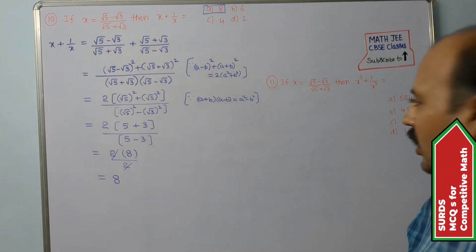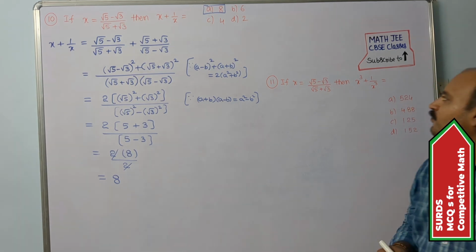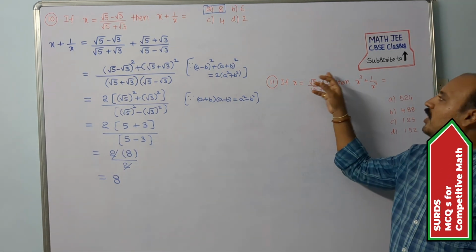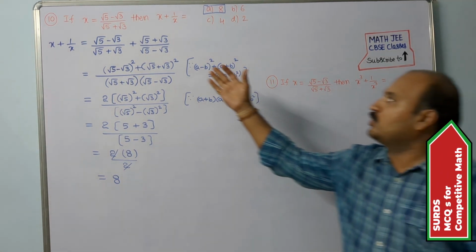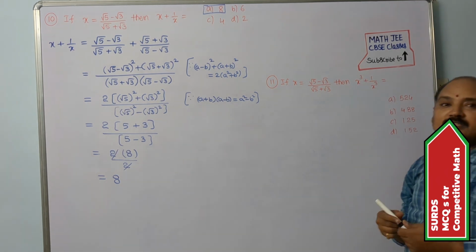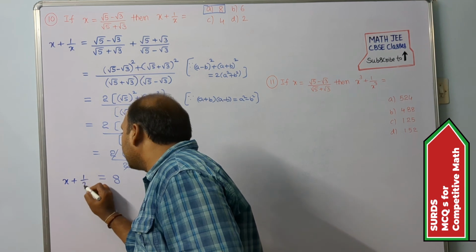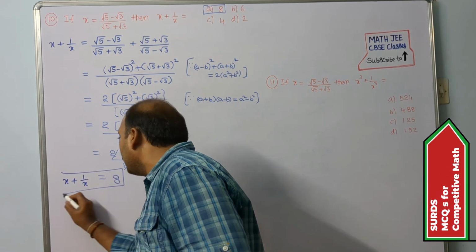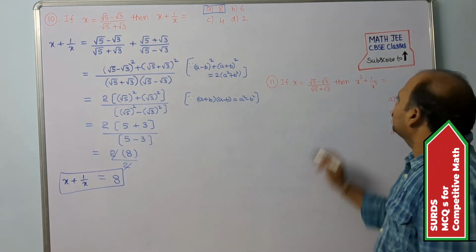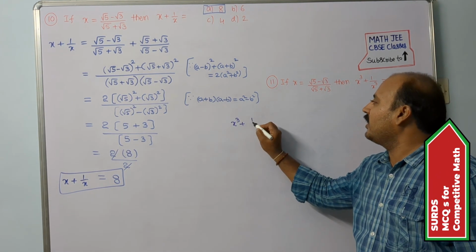That another question is also related to this one only. Observe carefully. If x equal to root 5 minus root 3 by root 5 plus root 3, then find x cube plus 1 by x cube. Here we got x plus 1 by x value equal to 8. So they are asking to find x cube plus 1 by x cube.